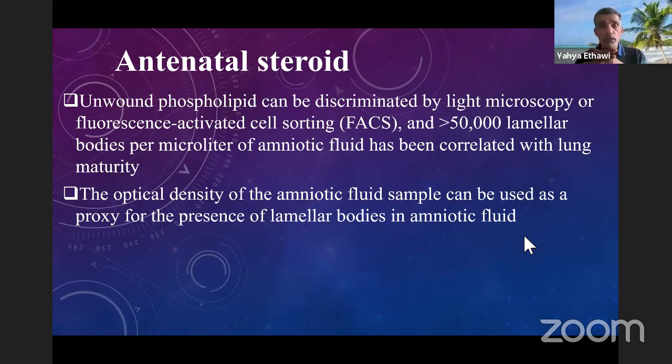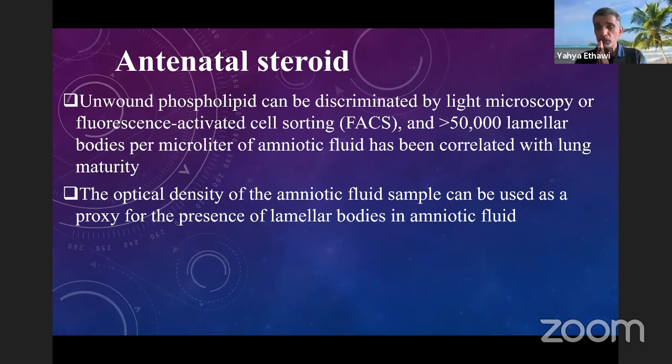And unwound phospholipid can be discriminated by light microscopy. So if that surfactant is already extruded, then probably it is not related to the secretion. But those surfactant that is not yet extruded, lamellar body, can be detected by microscopy, or fluorescence activated cell sorting, FACS.